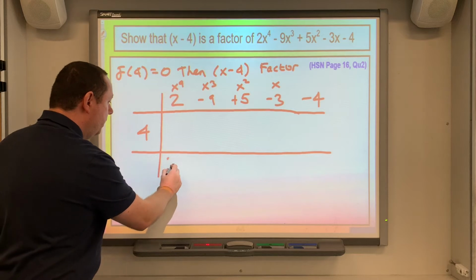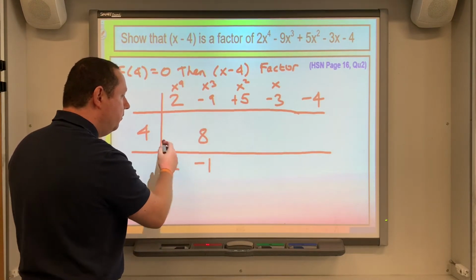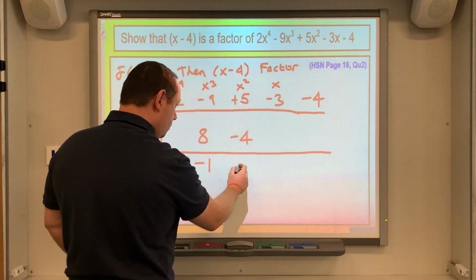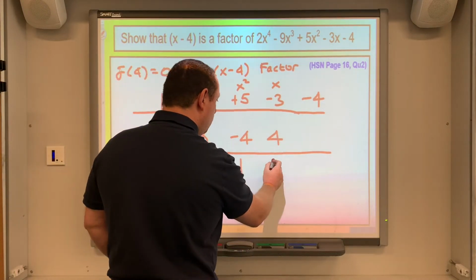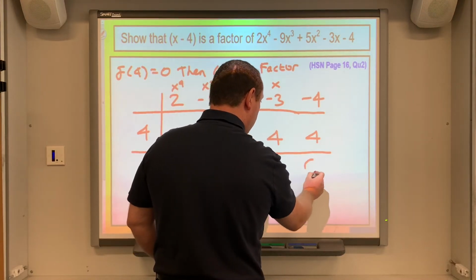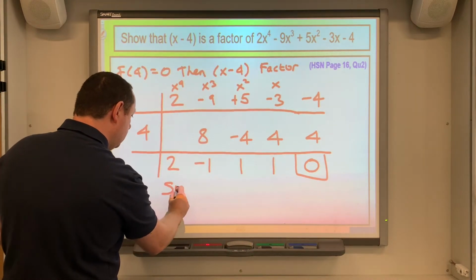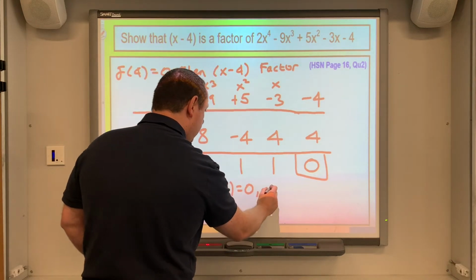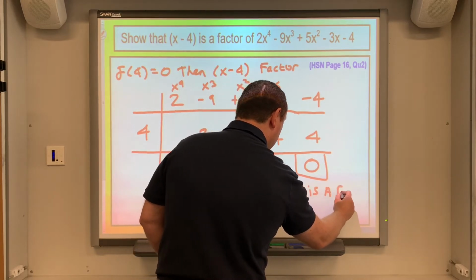So we drop the 2 down, 2 4s is 8, 8 minus 9 is negative 1, 4 times minus 1 is minus 4, 5 minus 4 is 1, 4 times 1 is 4, 4 minus 3 is 1, 4 times 1 is 4, 4 minus 4 is 0. Since f of 4 equals 0, x minus 4 is a factor.